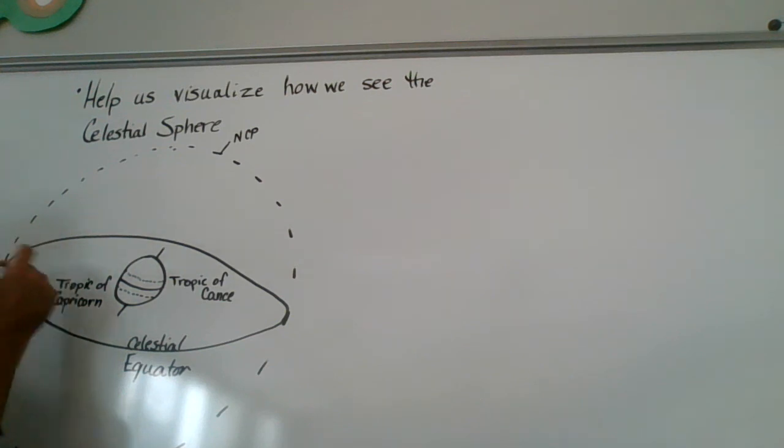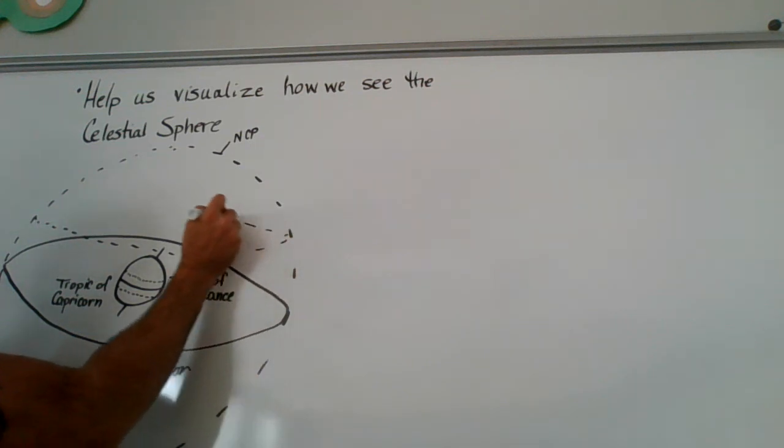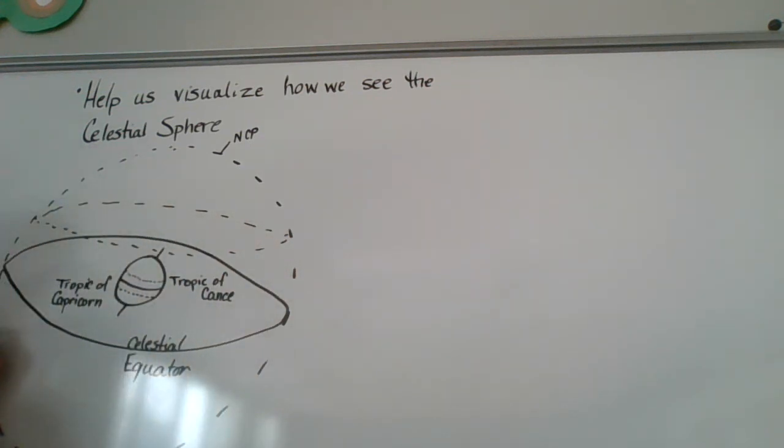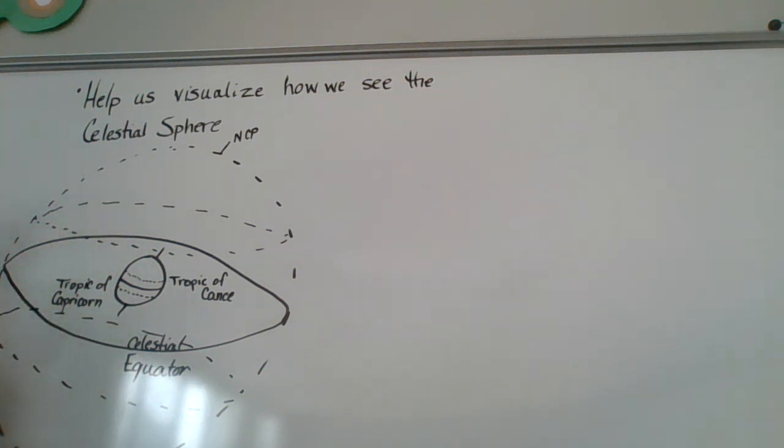And these are each 23.5 degrees above and below the celestial equator. And so we can project those out into space as well. And again, they're 23.5 degrees.